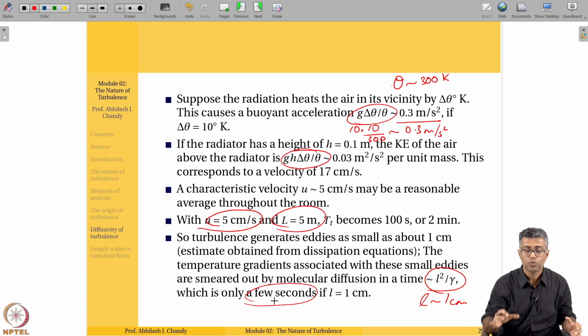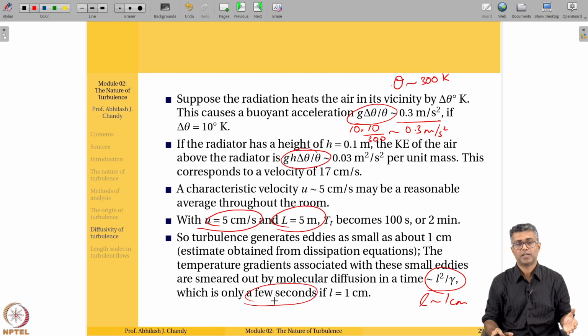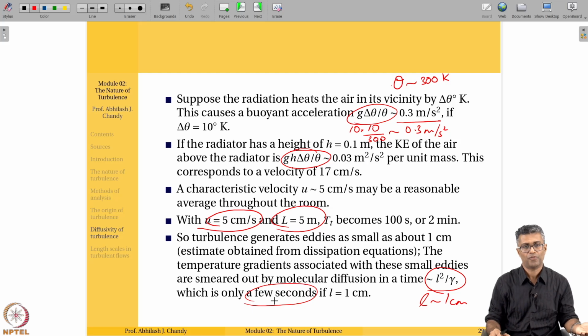This is how different turbulent flow is compared to laminar flow. We illustrated that through a case study of heat transport in a room. We looked at two cases, one where there was no airflow, so heat is transported only through molecular diffusion, and one where there is a turbulent airflow. And you saw the difference. Thank you.